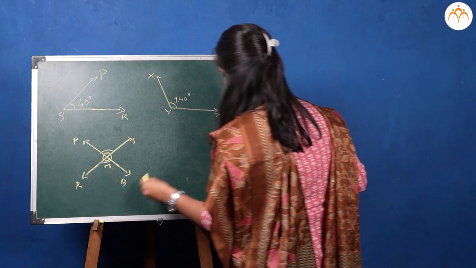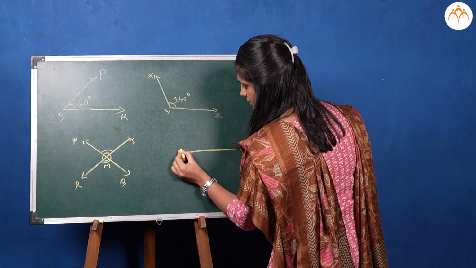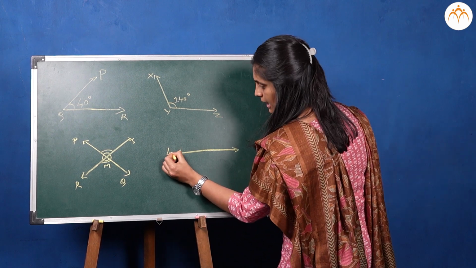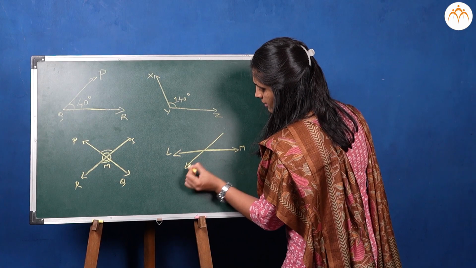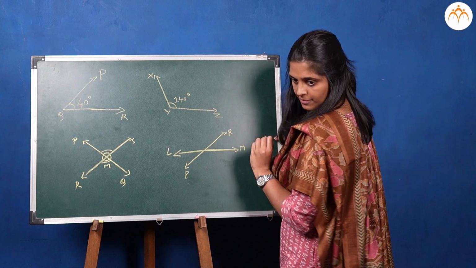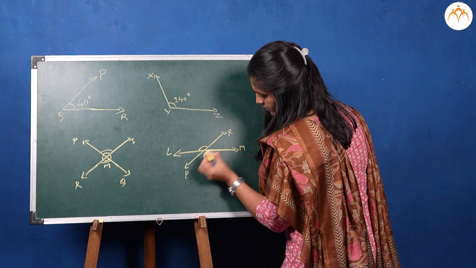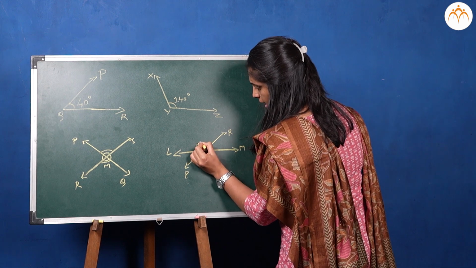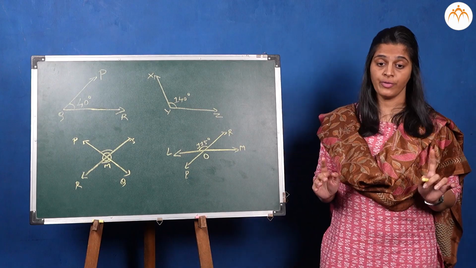Now let's study the following example. Let me draw a figure again. Now this is line LM, and this is line PR. It is intersecting at point O, and this is angle 115.